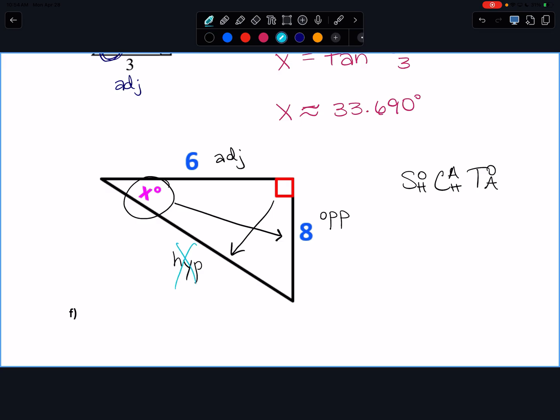So we're going to get rid of sine and cosine. We're using tangent again. That's just coincidence. It's not always going to be that way. All right, so tangent of the angle equals 8 over 6. So to move that tan, you're going to do inverse tan of 8/6.